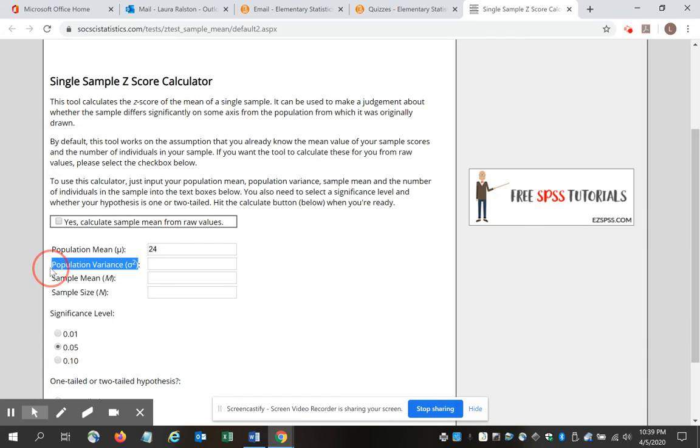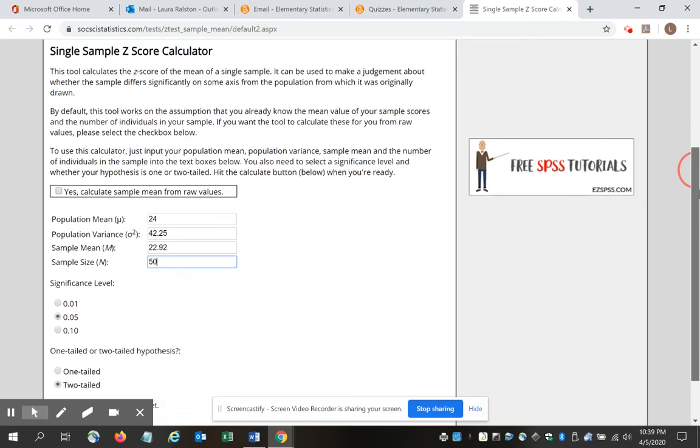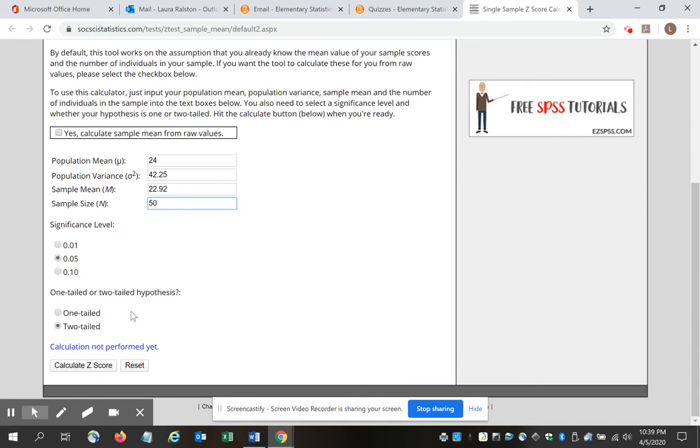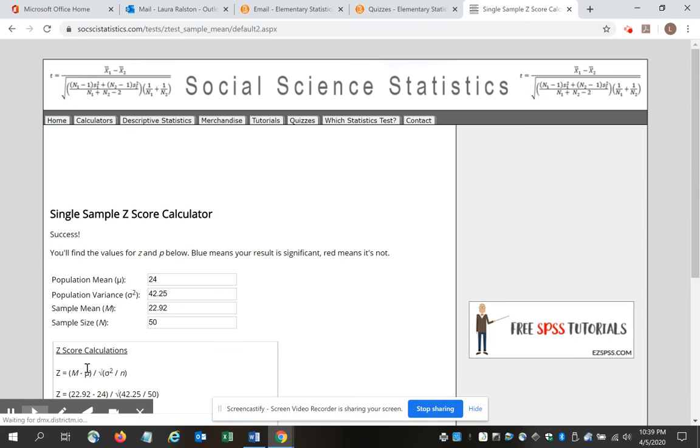Okay. So I should enter 42.25. The sample mean stated in the problem was 2.992. The sample size was 50. My significance level was 0.05, and because it has not equal in the alternative, it is a two-tailed test. So then I calculate.